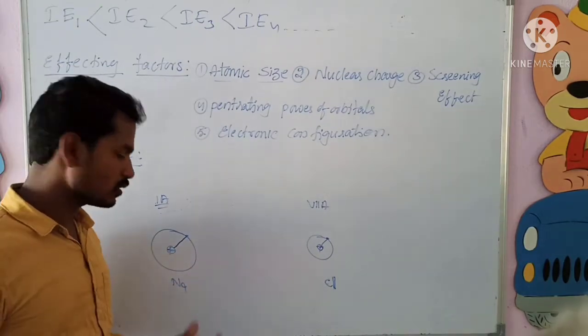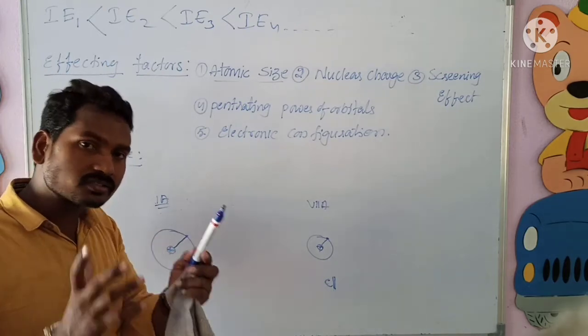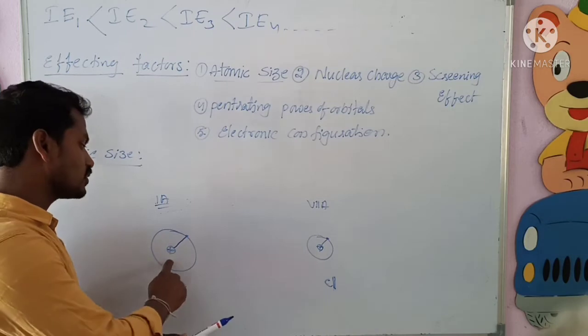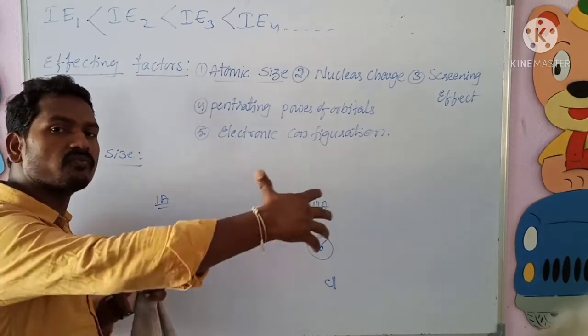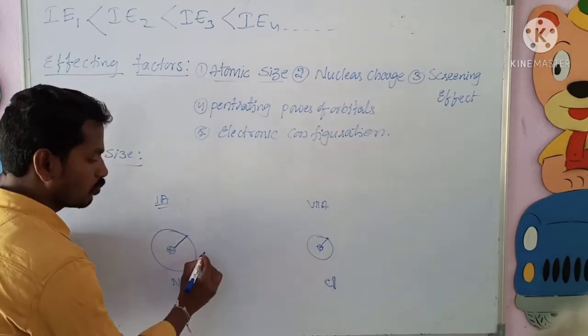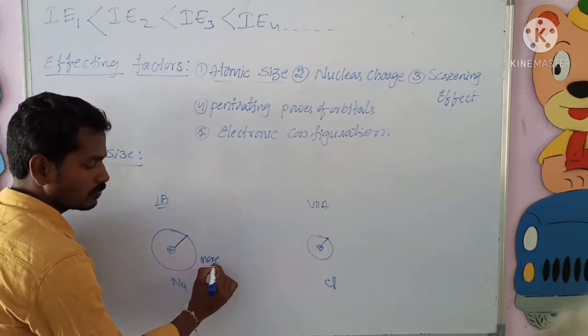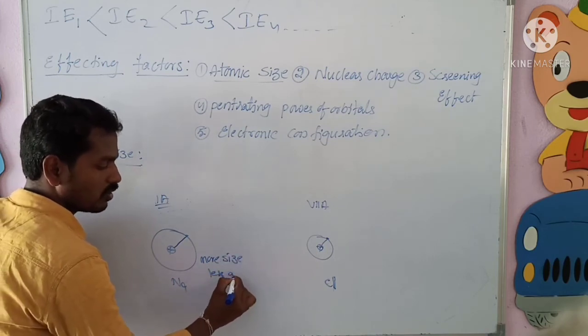Sodium or chlorine: sodium has a bigger size. Due to the large size, the distance between the nucleus and the outermost shell is very far, so the attractions are less. Here, more size, less attractions.